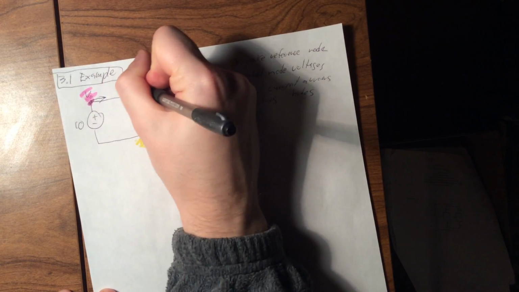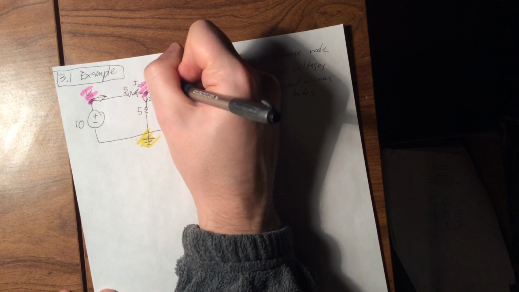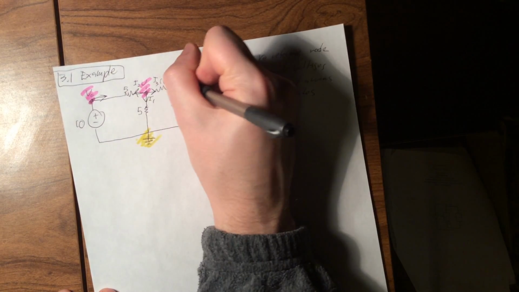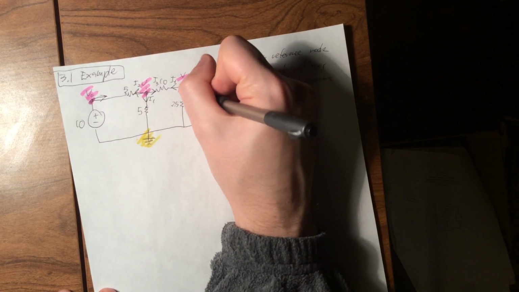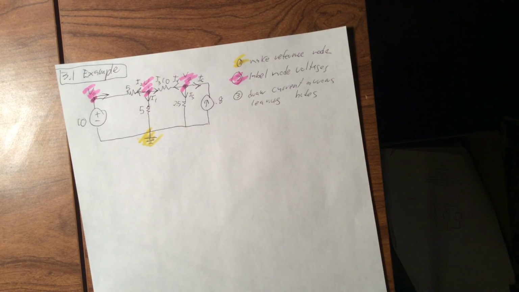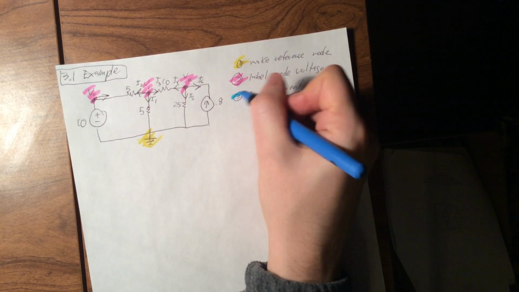Let's call this I1, I2, I3, I4, I5, I6. Doesn't really matter. So let's highlight this: draw current arrows leaving the nodes and label.